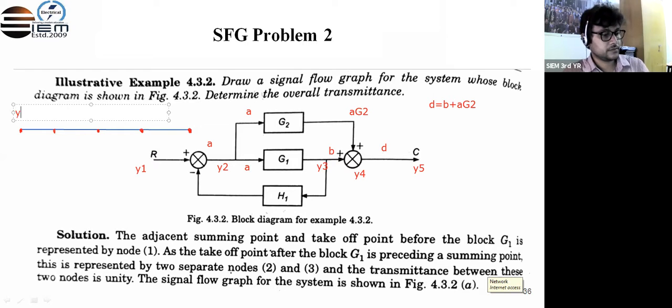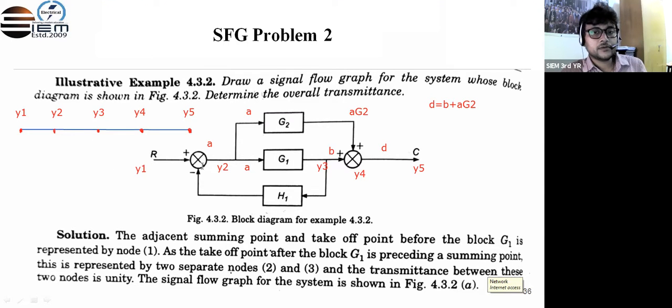This node is y1, this node is y2, this node is y3, this node is y4, and this node is y5. Clear?